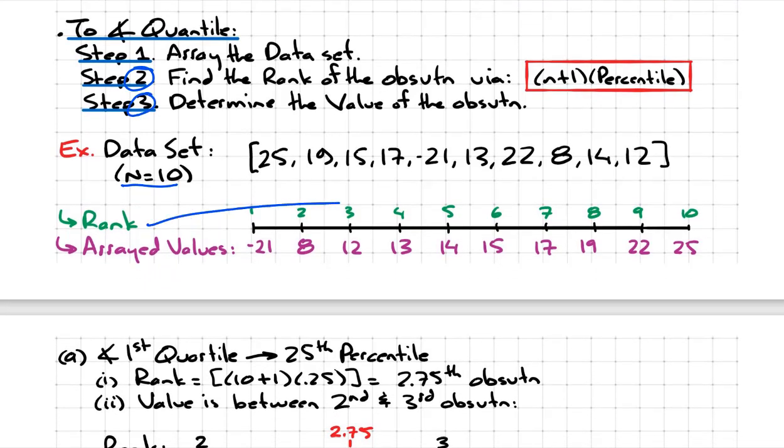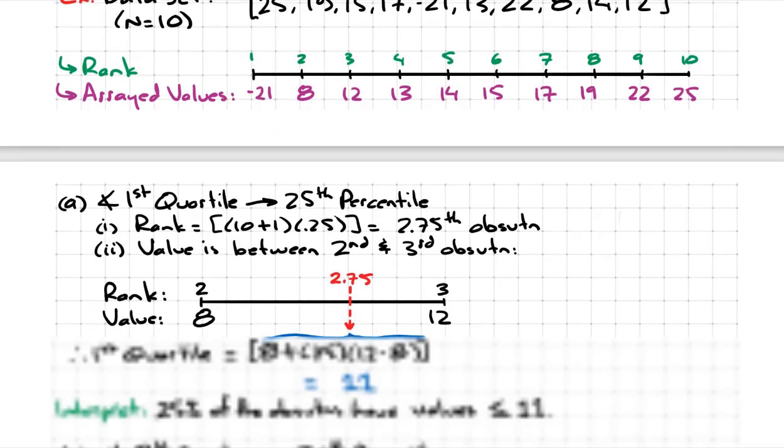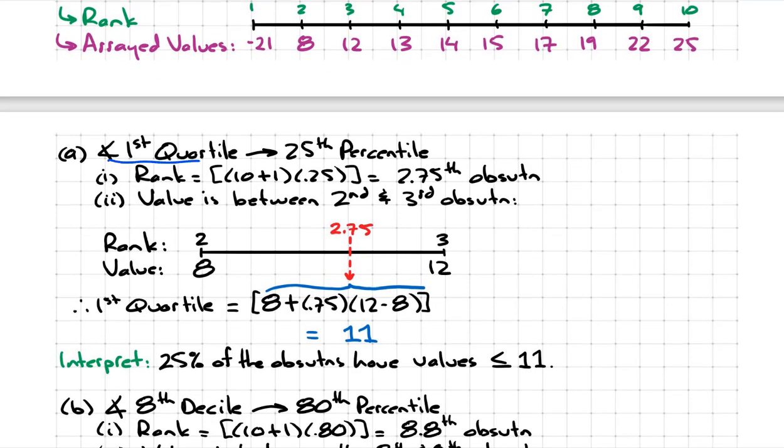The only thing we need to do is determine the value of the quantile. So in the first example, suppose that they ask us to compute the first quartile. Of course, what we're going to do is convert this into a percentile. The first quartile is the same thing as the 25th percentile.